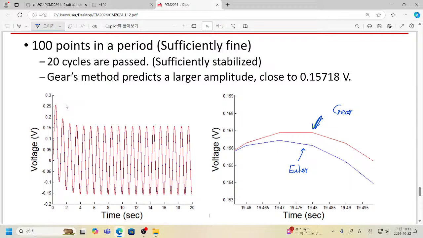That's the reason why we have artificially larger damping in our system, so our voltage cannot swing fully according to the analytic solution, but we have a little bit reduced swing due to this artificial resistive component inserted by the Euler method. Okay? So now you can see this result.